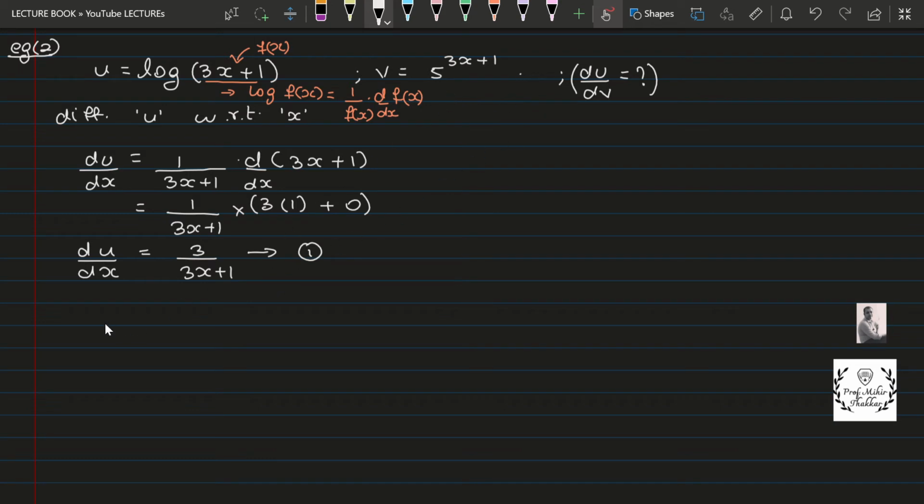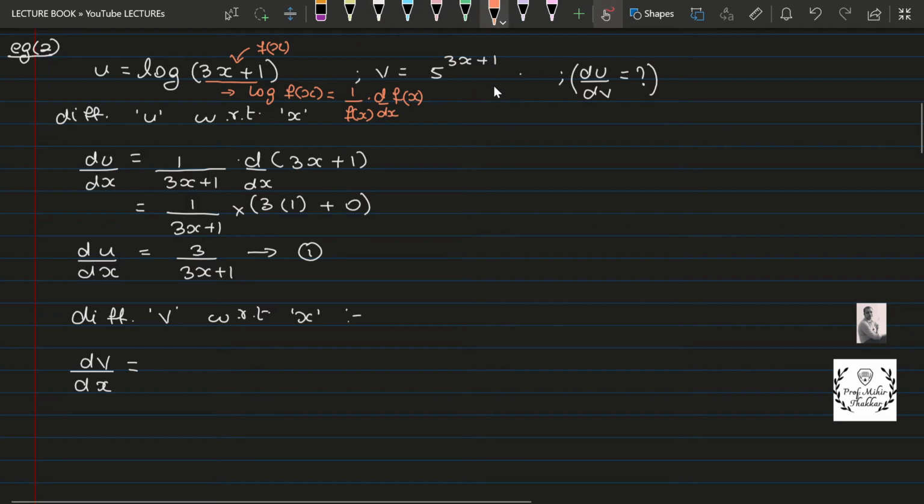Then we go to v and we say over here, differentiate v with respect to x. So now when we want to differentiate v, derivative of v will be dv by dx, that is equal to, this question is in the form of 5 raised to 3x plus 1, which is in the form of exponential function a to the power fx.